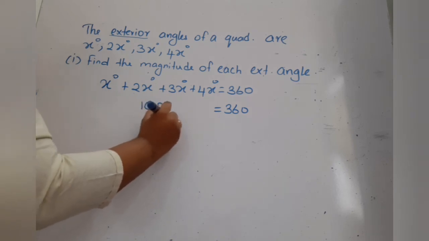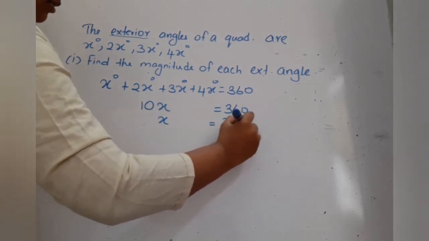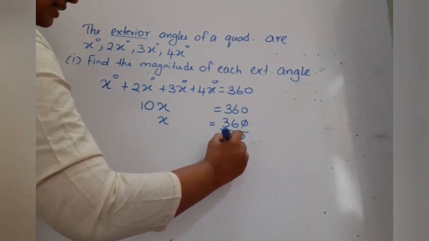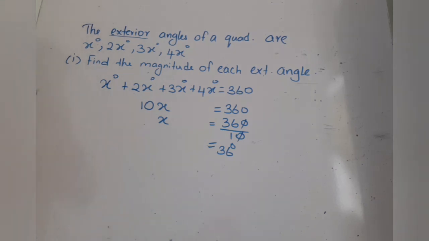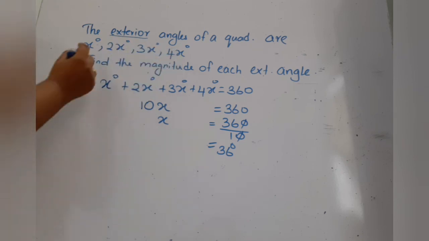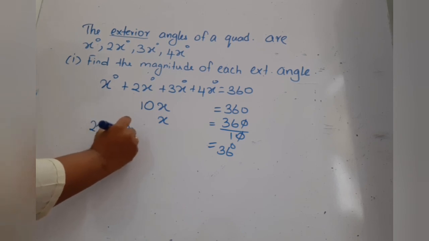So in order to find x, we should divide 360 by 10. So the magnitude of x is 36. They are asking to find all of them separately, so you will be able to multiply each and find the answer. If x is 36, 2x is 72.